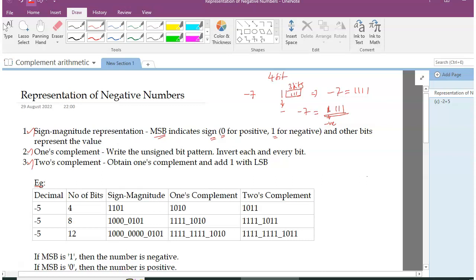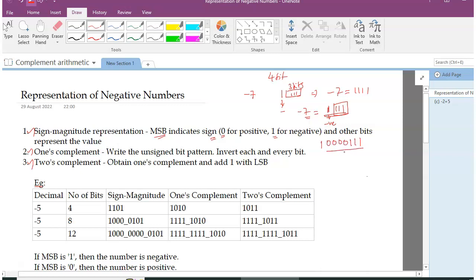We want to represent this in 8-bit format, so we have to write this 7 in 7-bit format. Instead of using 3 bits, now we need to use 7 bits. So what do we have to do? We have to insert leading zeros. So the representation is like this: 1 followed by 4 zeros followed by 111.